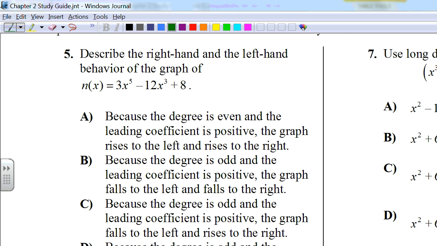I am zoomed in too tight, so I'm going to change my window to something big because I'm really looking only at the end behaviors. Maybe it's just the y direction I need to pull out. So let's do negative 20 to 20, scale of 2, and in the y direction, negative 50 to 50 with a scale of 5. Now we graph it.